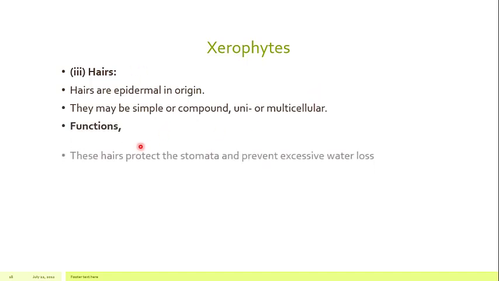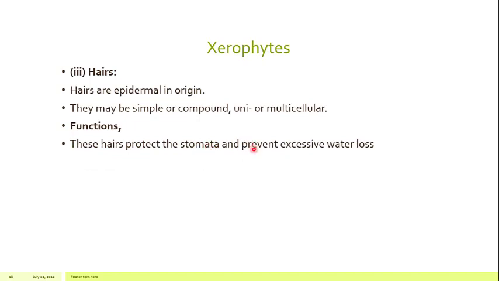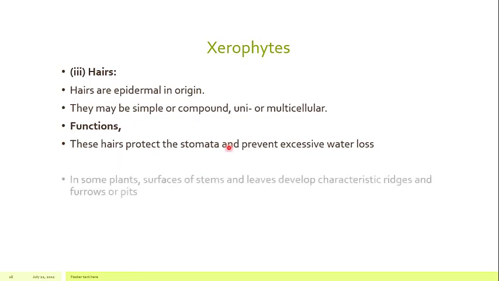As far as the function of hairs is concerned, these hairs protect the stomata and prevent excessive water loss. As you can see in the previous diagram, and we are going to see that diagram again, these hairs are present on the lower surfaces surrounding the stomata. Since these hairs are present above the stomata, they reduce the excessive water loss.